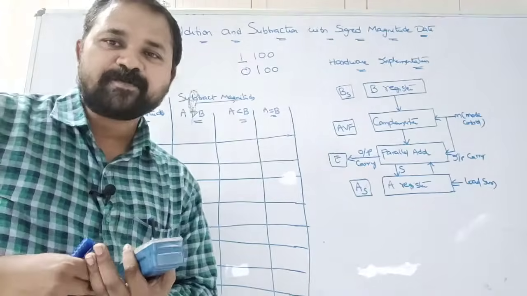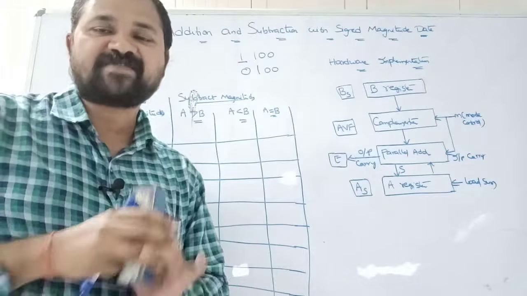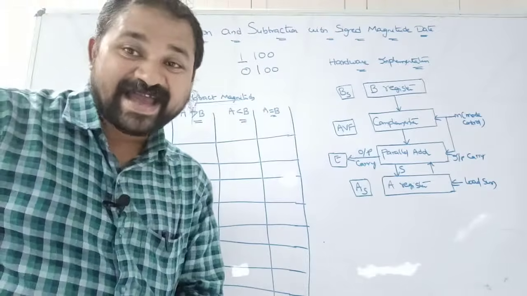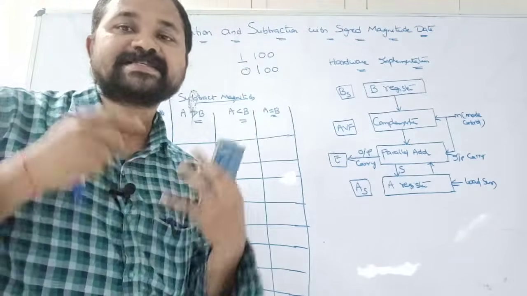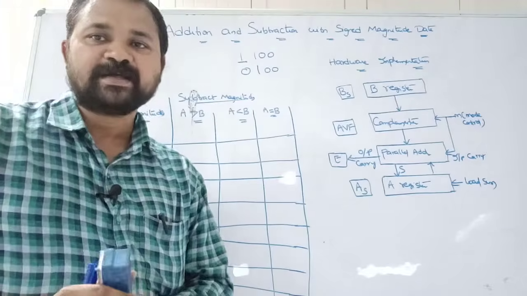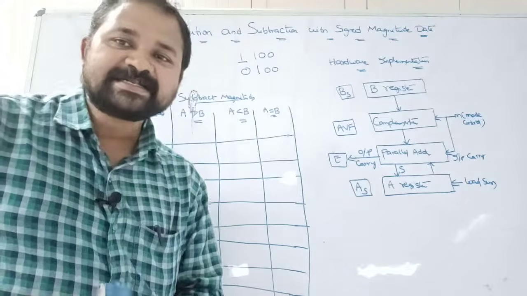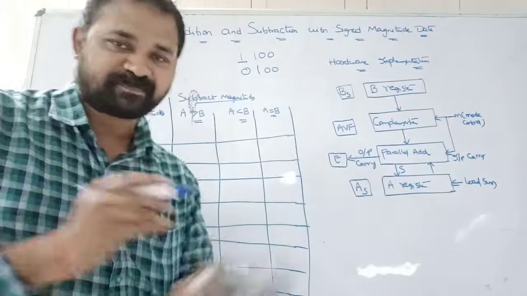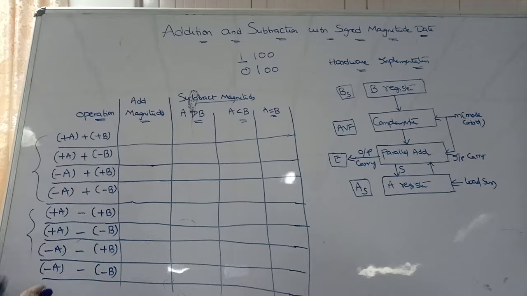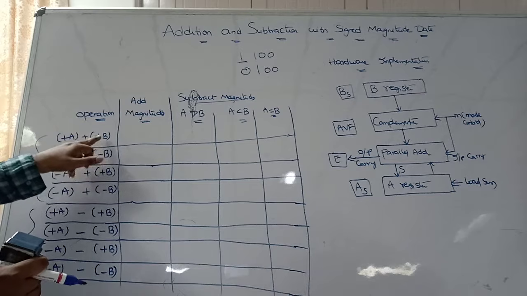Let's see how we can perform addition operation. Here there are 2 steps. The first one is, if the signs of the 2 numbers are the same, then we add the magnitudes, and the resultant sign will be the sign of A. Take the first combination: the sign of A is plus, the sign of B is plus.